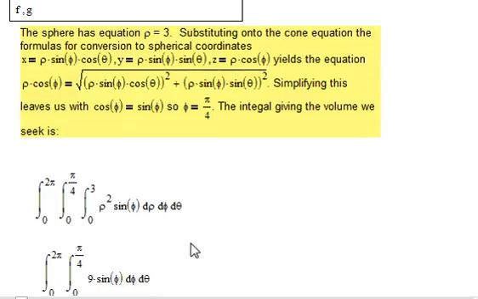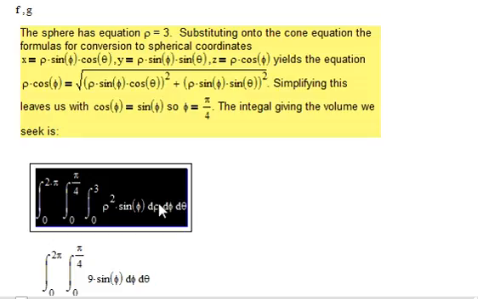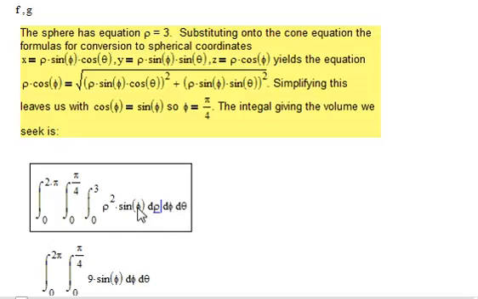So therefore our integral, 0 to 3, what nicer limits can you have than that? Rho squared sine of phi, this is just the volume element right here, from here on out. So rho goes from 0 to 3, phi goes from 0 to pi over 4, and theta goes from 0 to 2 pi.